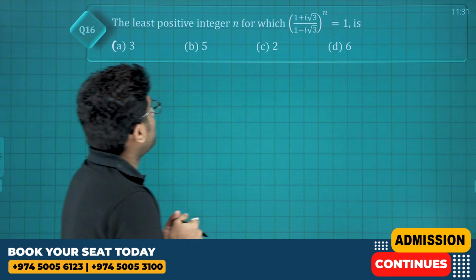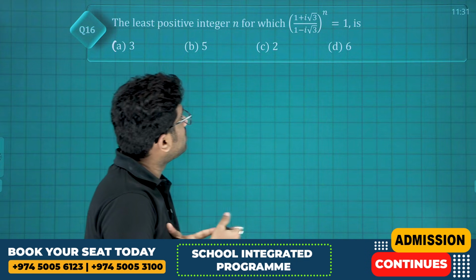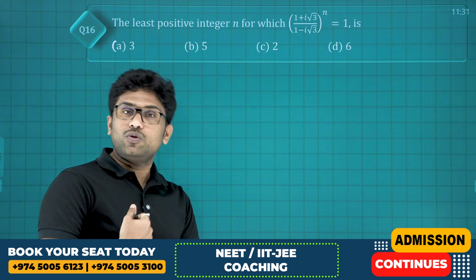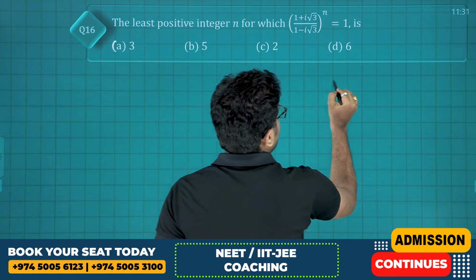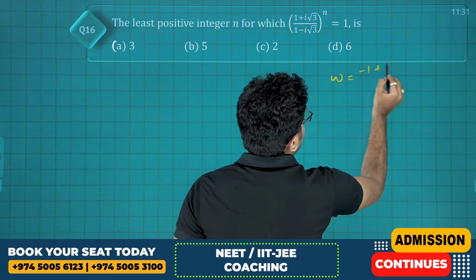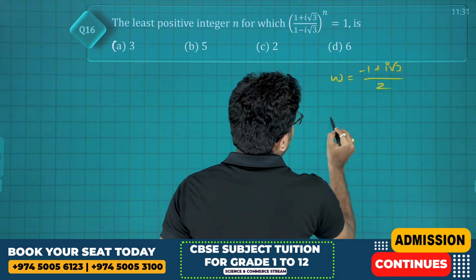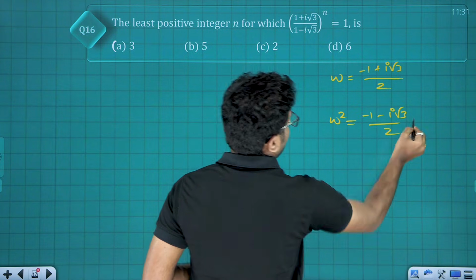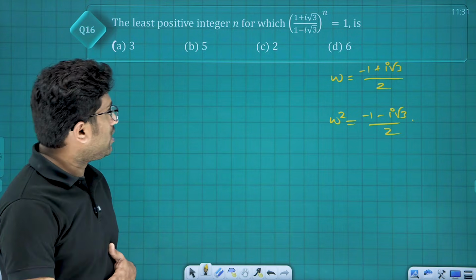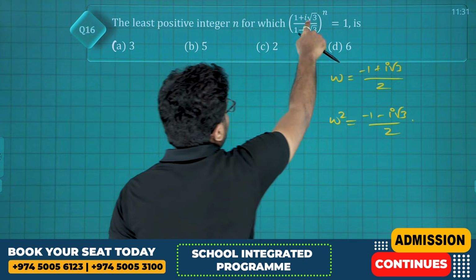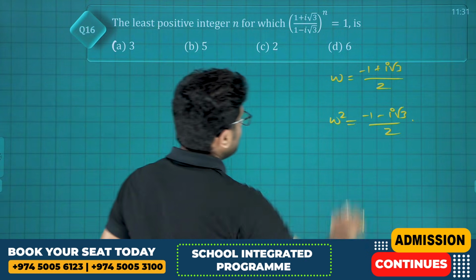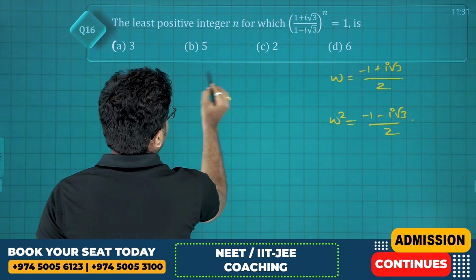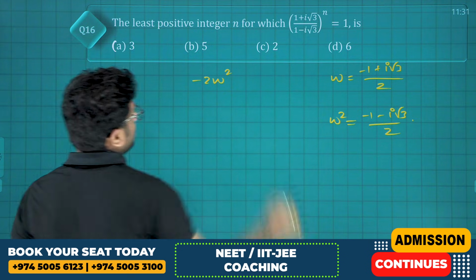The least positive integer value of n for which this is equal to what? Friends, again if you know omega, cube roots of unity, see omega is (-1 + i root 3)/2, whereas omega square is equal to (-1 - i root 3)/2. Okay, now let's see this. This numerator we can write as -2 omega square, correct?